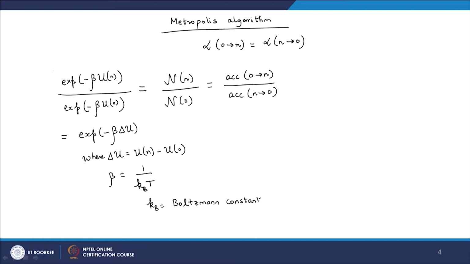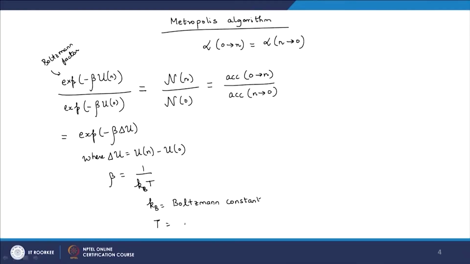This entire thing is called the Boltzmann factor. By the way, to remind you, this will only happen at equilibrium. Although we start making that particular criteria from the beginning, the detailed balance is only satisfied at equilibrium. That is the demand that we are making from the simulation.